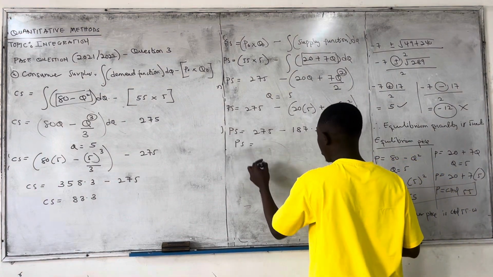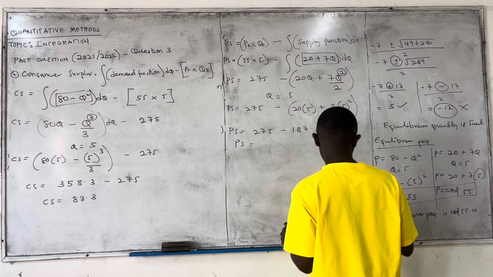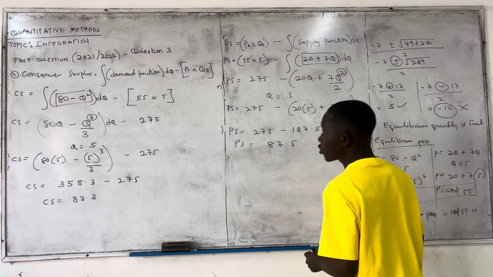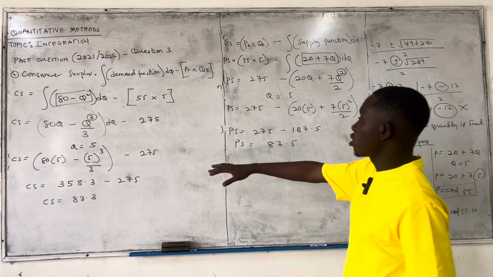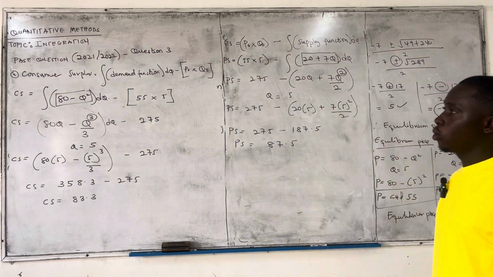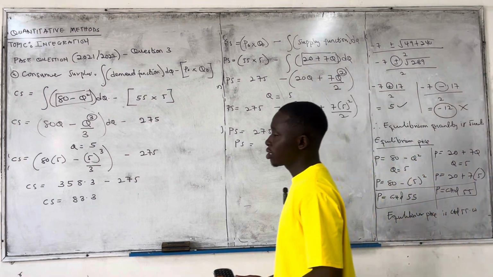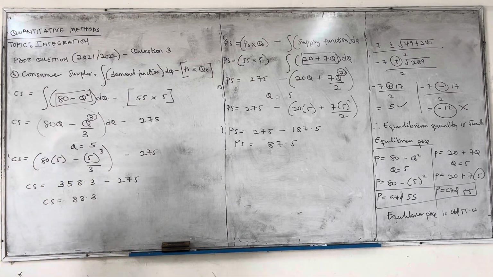So producer surplus is 275 minus 187.5, which gives us 87.5. So that is how we solve the application type of integration: consumer surplus, producer surplus. So we are done with integration for now. We've treated the definite integral and the indefinite integral. So we would end here for today with the integration. See you all. Bye.